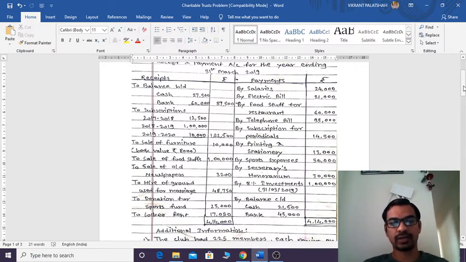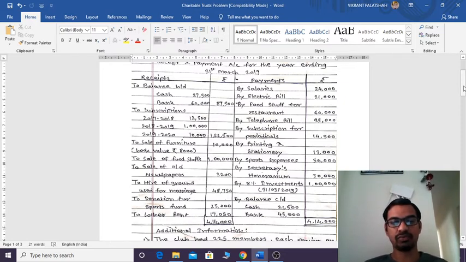The next one is provided, that is subscriptions for the year 2017-18, means for the previous year, 12,500; 2018-19 it is 1 lakh; and then 2019-20, means next year, it is 10,000. So total it is 1,22,500. Then sale of furniture, that is 10,000, and the book value in brackets is 8,000.